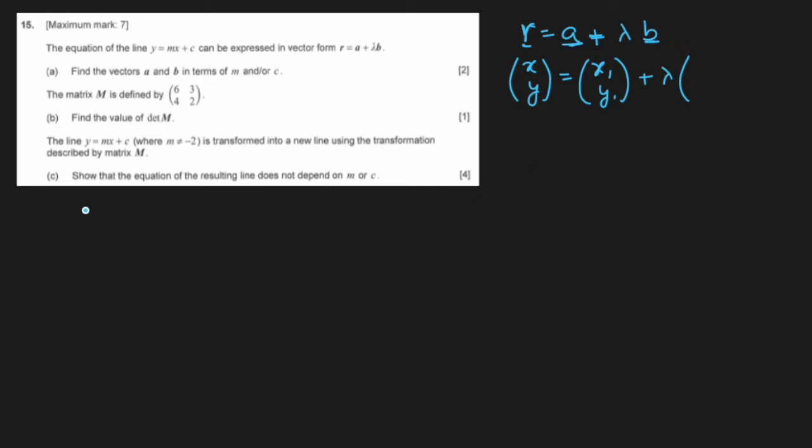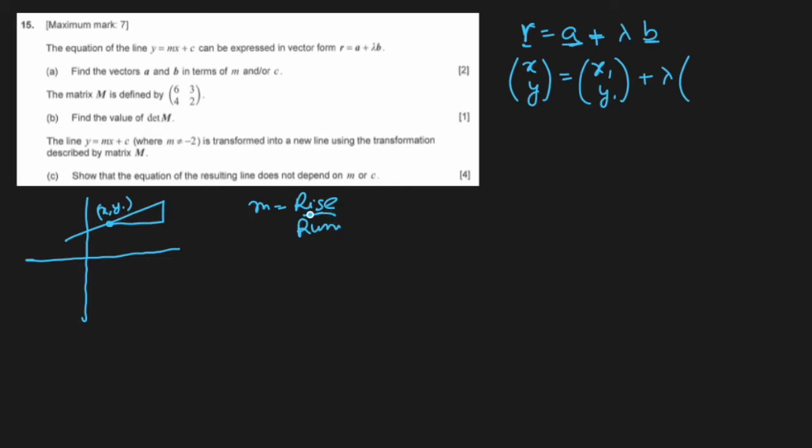So if this is the line, suppose we draw it here, and this is the line, right? So suppose this is the point x1, y1 that we took earlier. So there is some run and there is some rise, right? So m is rise over run.